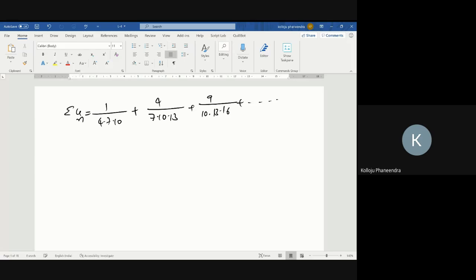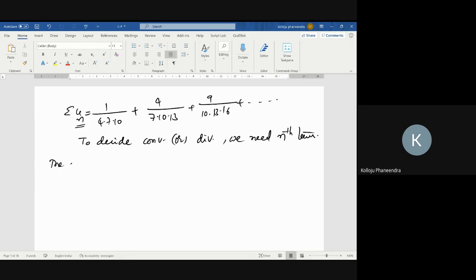Let me find the nth term. Always, to decide convergence or divergence, we need the nth term. This is the first idea. So what is the nth term? This is un. I have to write it in terms of n.